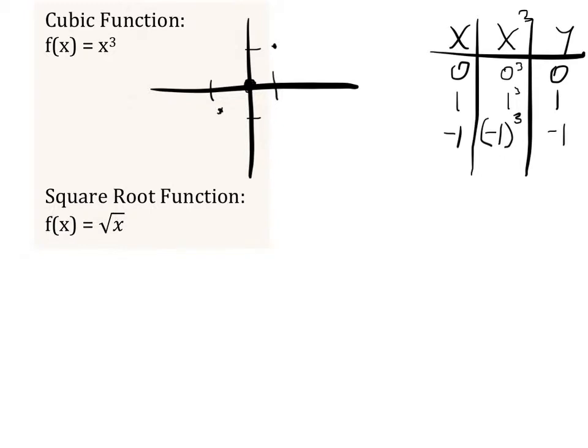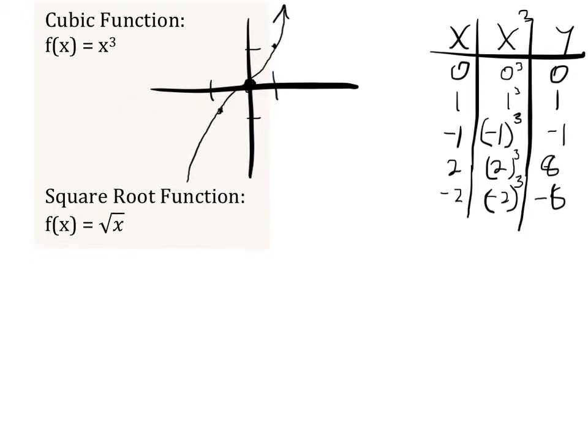Alright? And if you continue on, we could try 2 cubed would give us 8, and negative 2 cubed would give us negative 8. Alright? So our shape looks something like that. So there's a cubic function. Kind of a curve, no real local min, local max, just kind of swoops on up.